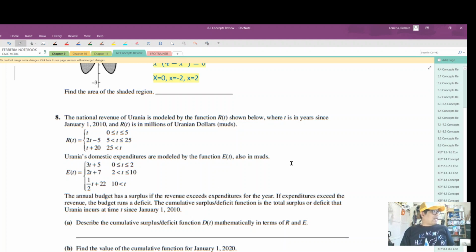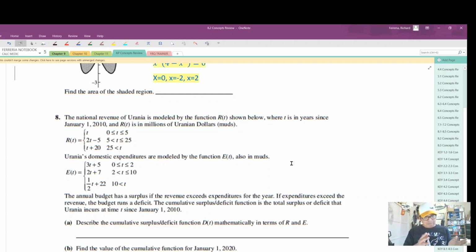The annual budget has a surplus if the revenue exceeds the expenditures, and if the expenditures exceed the revenue, then the budget runs what we call a deficit. The cumulative surplus/deficit function is the total surplus or deficit that Urania incurs at time t since January 1st, 2010. So first, describe that surplus/deficit function.